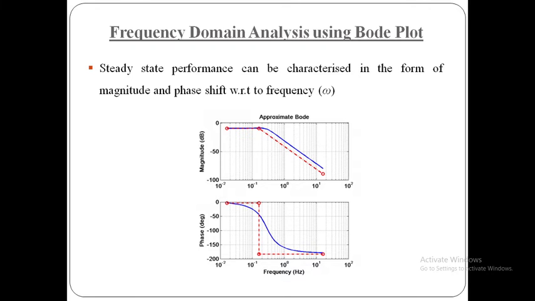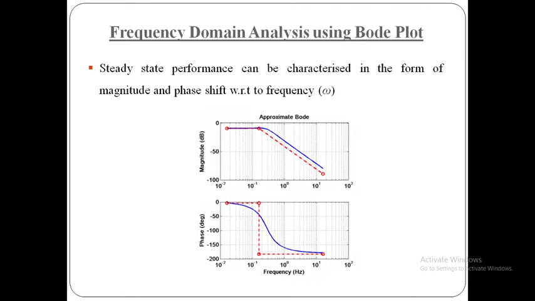The Laplace variable s can be replaced by j omega to convert the transfer function into a frequency domain analysis. So to get this frequency domain analysis, simply we replace the Laplace variable s by j omega.